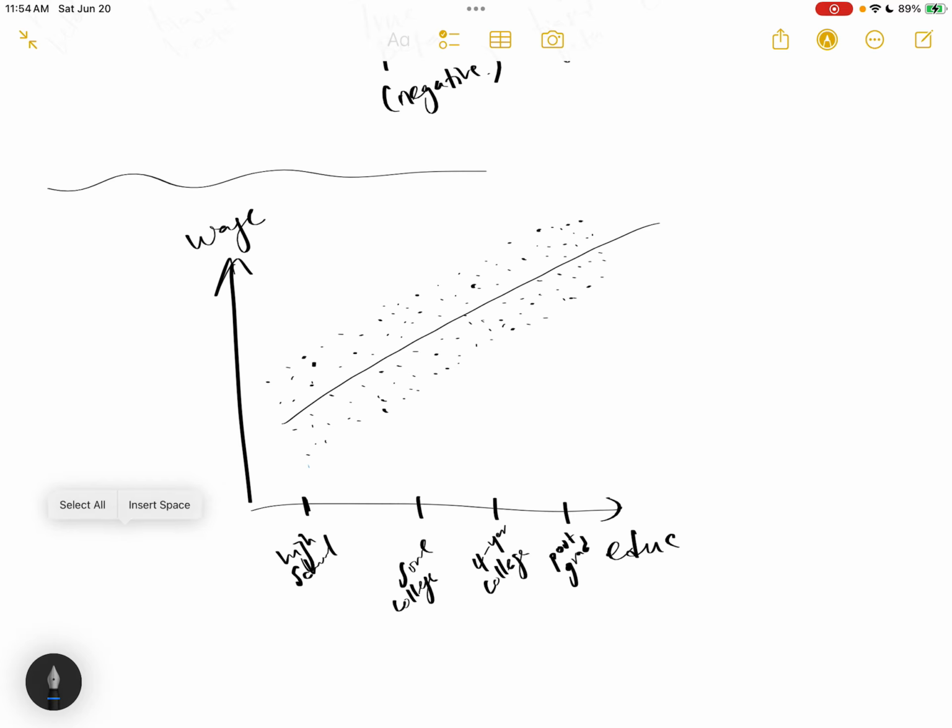So using different colors, right? For this slice of the data, which is high school, we see that there is this variation in wages. Let's use a different color. For this slice of the data, we see a similar variation in wage. For the post-grad slice of the data, we see a similar variation in wage. Homoskedasticity.